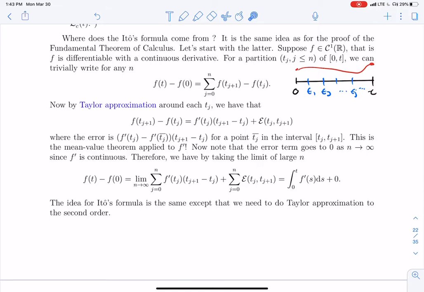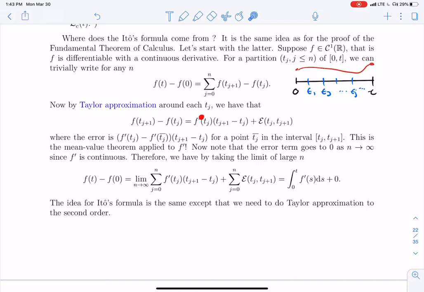And that's the power of calculus: I can think of these increments as the t_j get closer and closer, and so I can rewrite the increment as f prime of t_j times (t_{j+1} minus t_j).